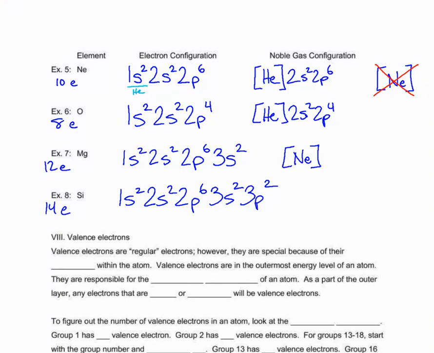We already have the electron configuration of neon. It's 1s2, 2s2, 2p6, which means that if we use the brackets with neon, we have abbreviated 1s2, 2s2, 2p6. This one's going to save us a lot of writing. So we have the electron configuration of neon, and then the electrons in the outer energy level, which is 3s2.